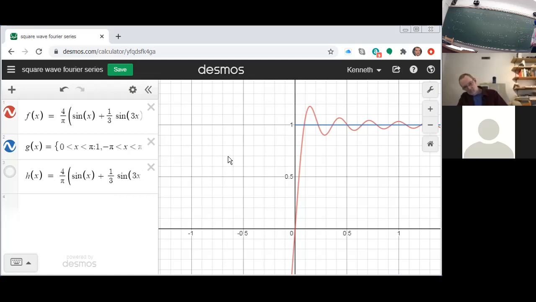You can see how to do the even extension: just reflect it over the y-axis. And to what function on the real line does it converge? You must justify your answer with one of the three theorems.